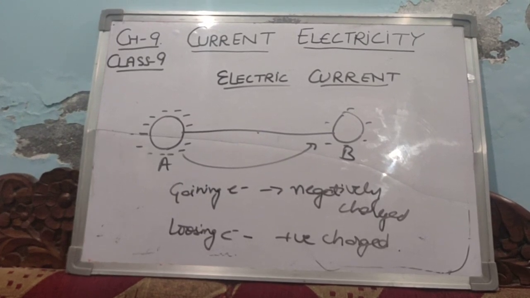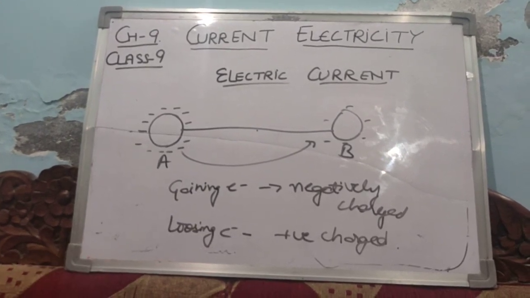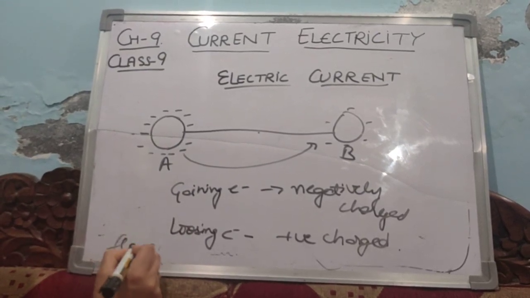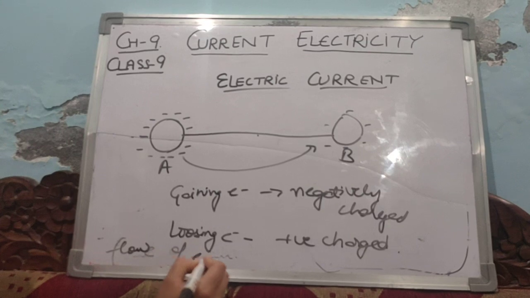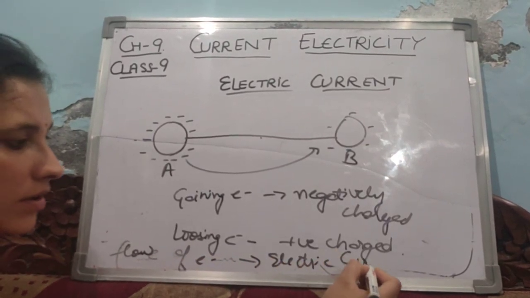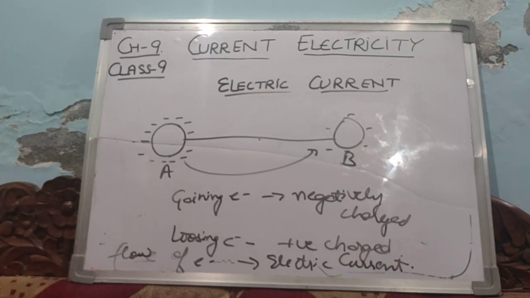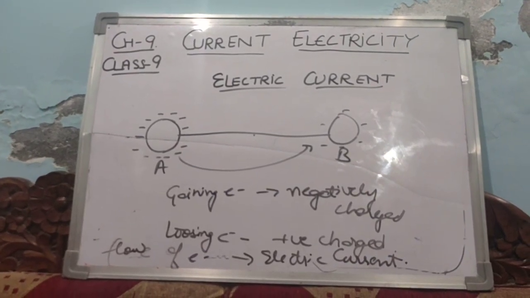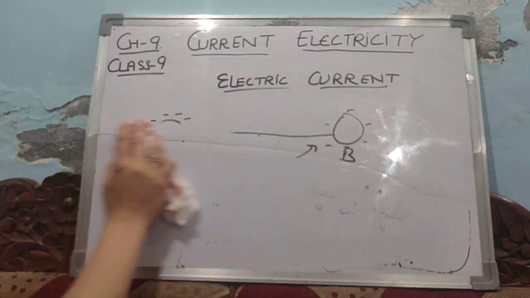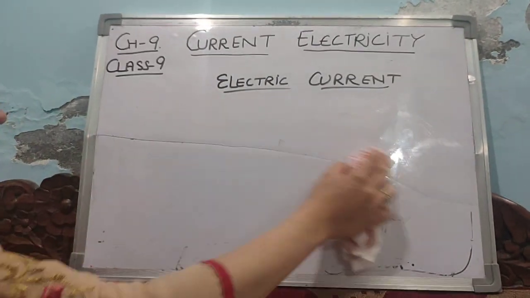So the flow of electrons constitutes your electric current. So students, we can define current as the rate of flow of charge across a cross section normal to the direction of flow of current.